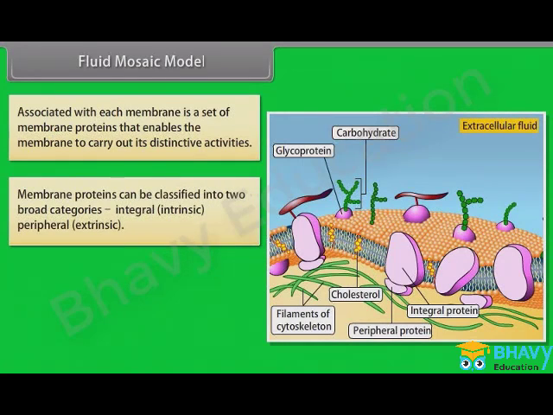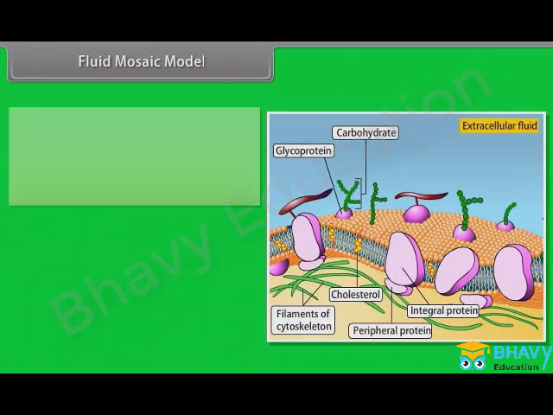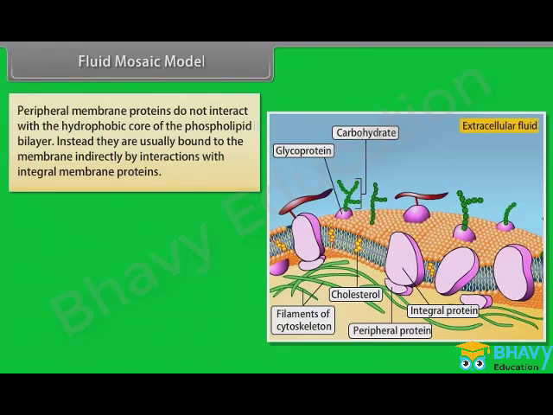Membrane proteins can be classified in two broad categories: integral, that is intrinsic; and peripheral, that is extrinsic. Integral membrane proteins have one or more segments that are embedded in the phospholipid bilayer, having one or more covalently attached fatty acid chains that help them anchor to the membrane. Peripheral membrane proteins do not interact with the hydrophobic core of the phospholipid bilayer.